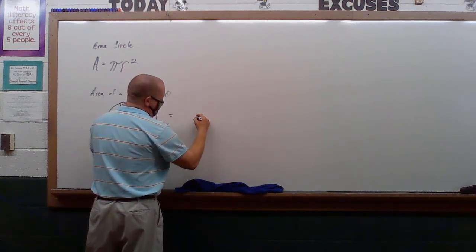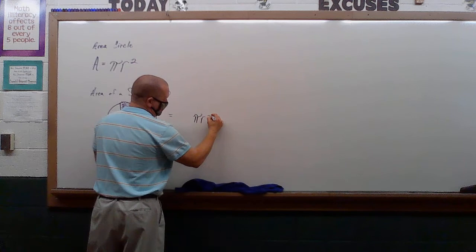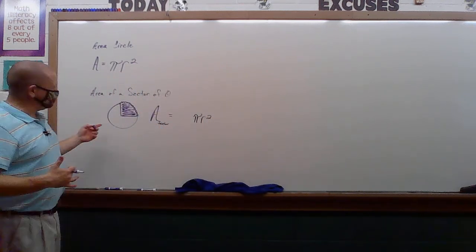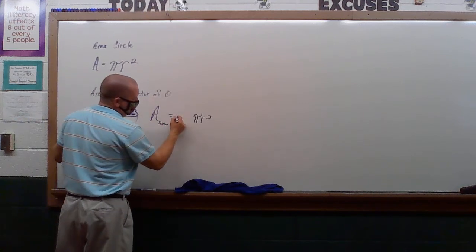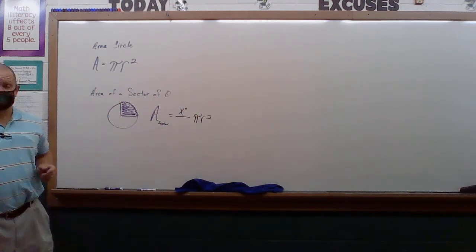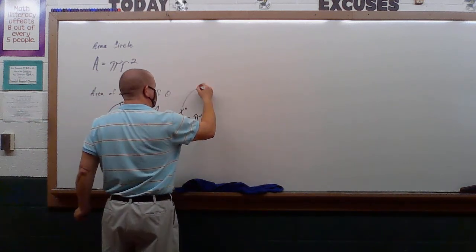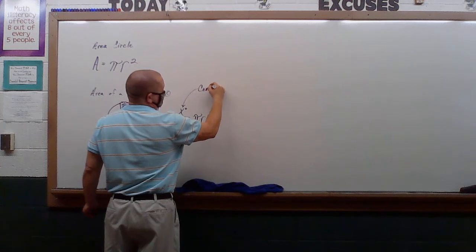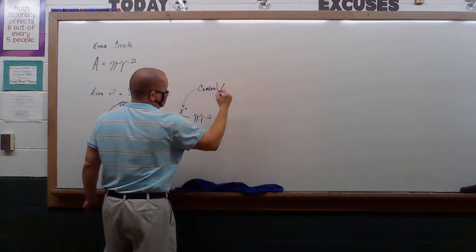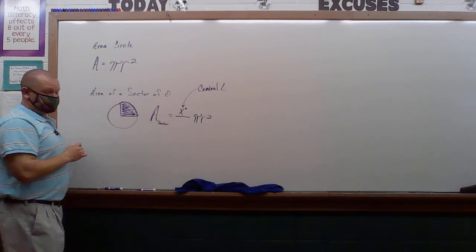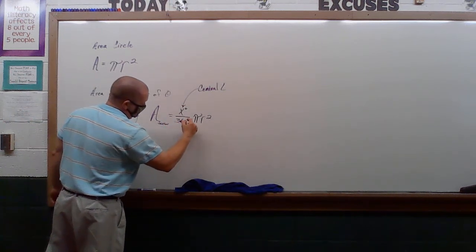So I'm still going to have my pi r squared because I still have to have the entire circle. But I just want a portion of it. And so we're going to take x degrees. So again now, because we say that this is x degrees, this is actually our central angle. And what do we base the whole thing off of? 360 degrees.